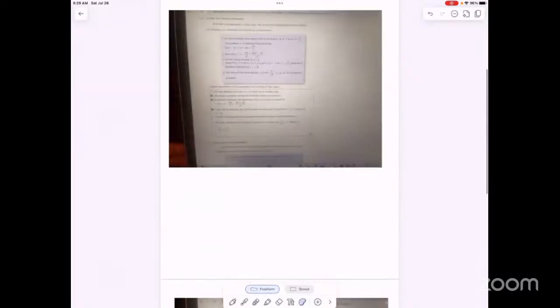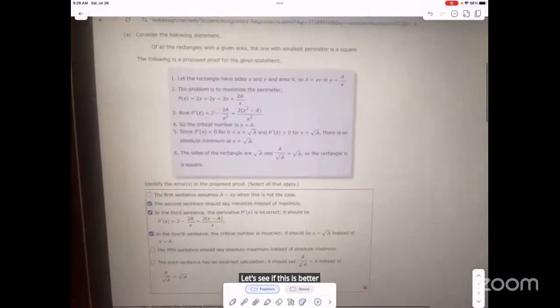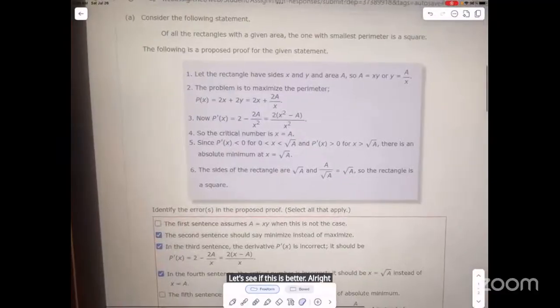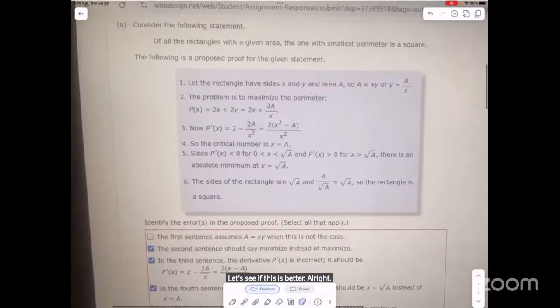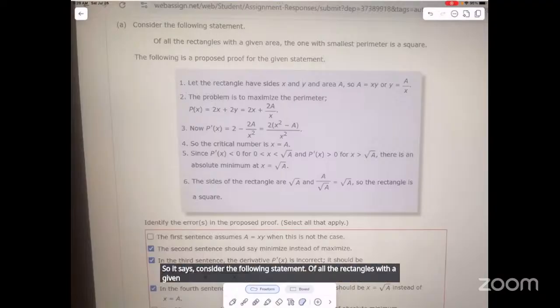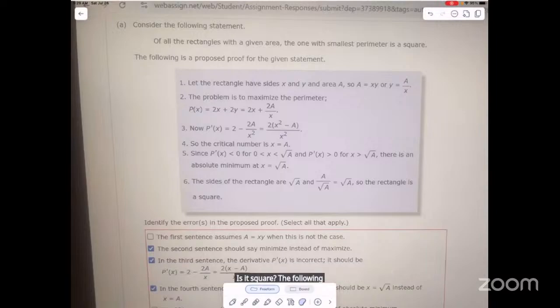Okay, let's see if this is better. Okay. So it says, consider the following statement. Of all the rectangles with a given area, the one with the smallest perimeter is a square. The following is a proposed proof for the given statement.